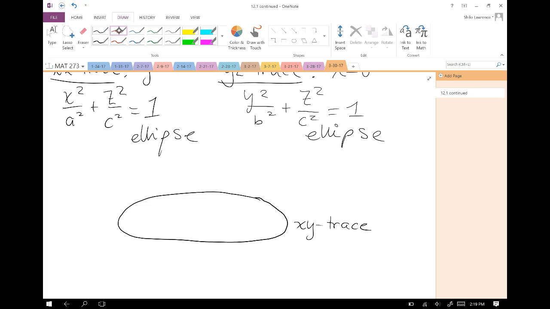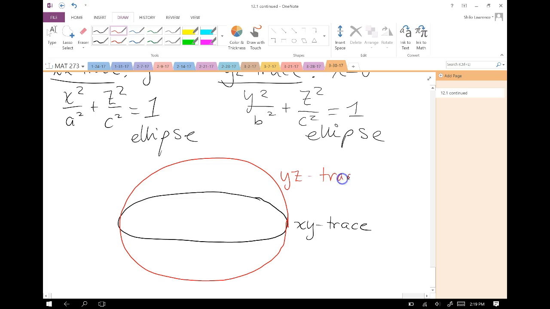That is also an ellipse. The XZ trace also stands vertical, but it's turned 90 degrees from the YZ trace.